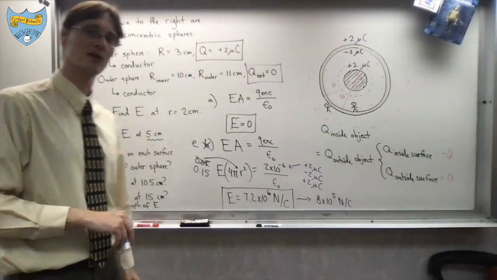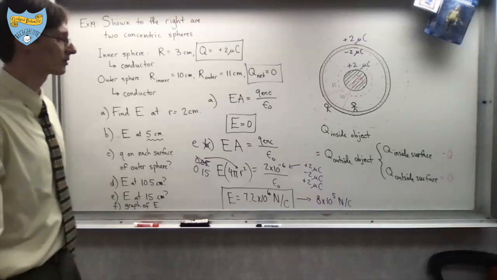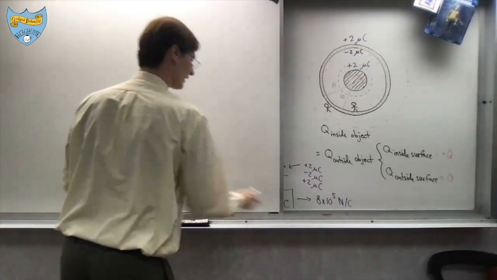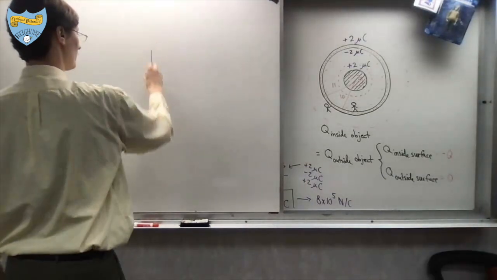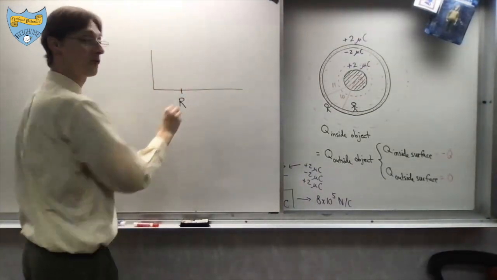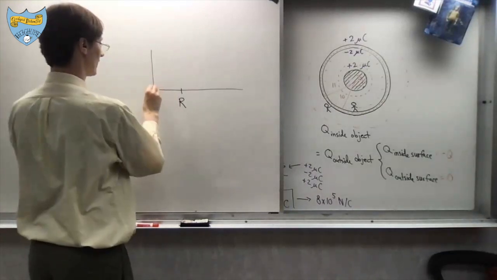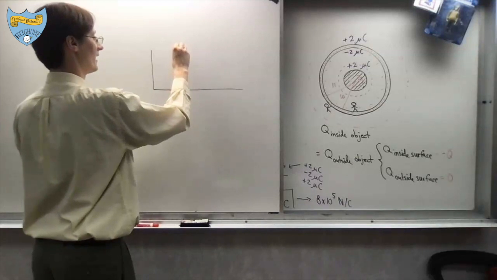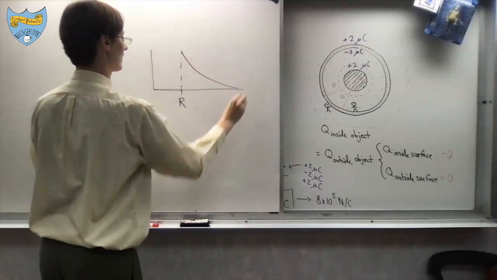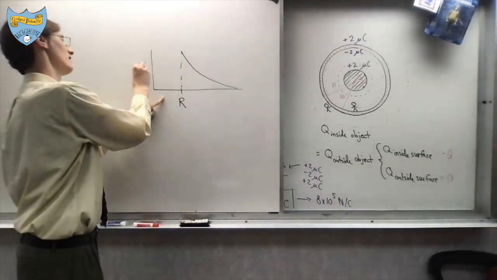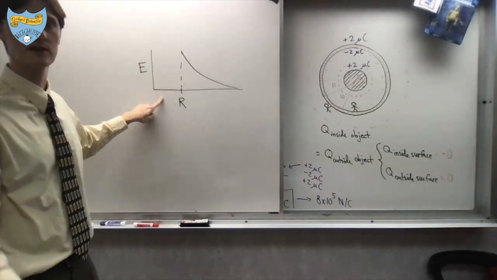All right, now the last part of this question wants us to construct a graph of the electric field. For the electric field, if you recall, the classic appearance of this for a conductor was: flat line, jumps up, and then kind of drops off, right? Meaning inside of a conductor, there's no electric field, it has a value of 0.